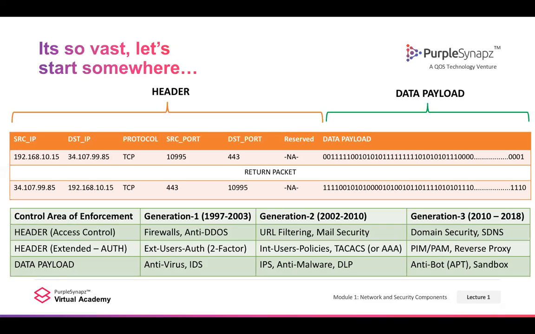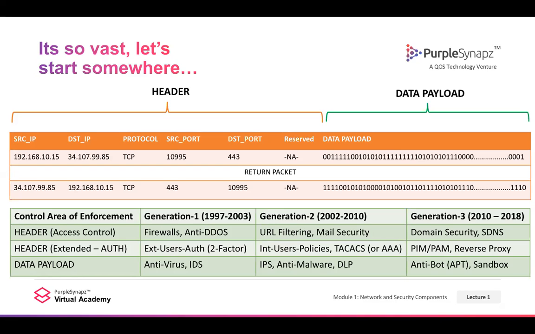Last but not the least, in the era of 2010 to 2018, something which has become very popular: if you look at these solutions, which are antivirus, IDS, intrusion prevention, anti-malware, leaving aside DLP solutions, most of these anti-access solutions work by virtue of signatures.